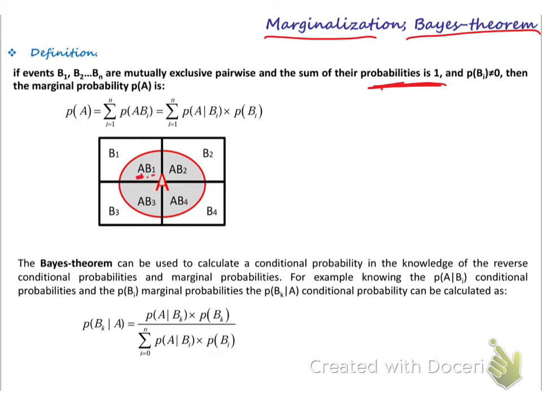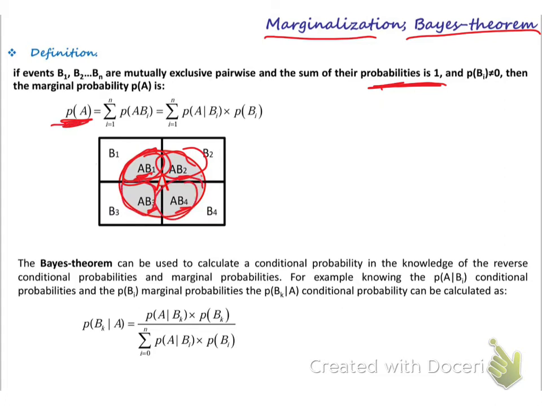So this is the intersection between the disease A and B1, the disease A with B2, the disease A with B3, the disease A with B4. The overall probability of the disease will be the portion happening in B1, the portion happening in B2, the portion happening in B3, and the portion happening in B4.